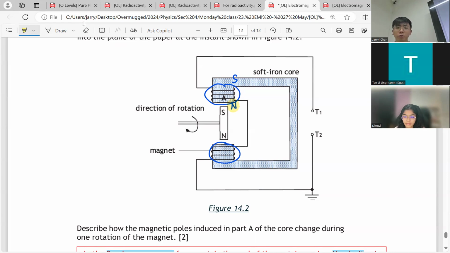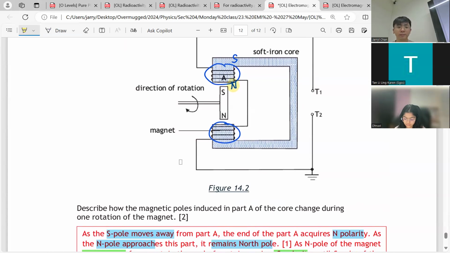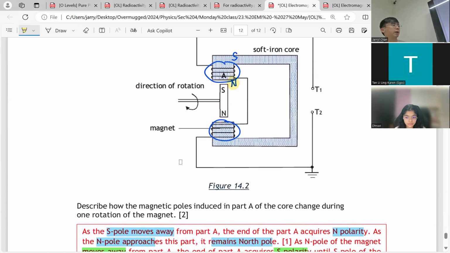What happens when the north pole tries to go near A? It repels the invasion. So what will be the induced pole? Still a north pole. So on one rotation, it will still be an induced north pole. First part: the south pole moves away from part A, I induce north polarity, and as the north pole approaches it remains north pole.